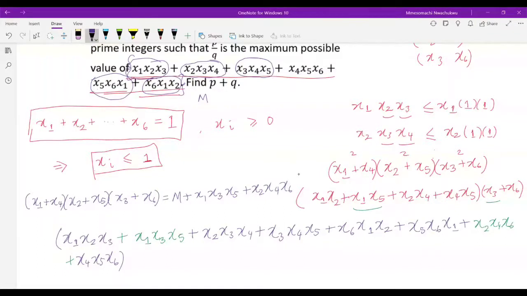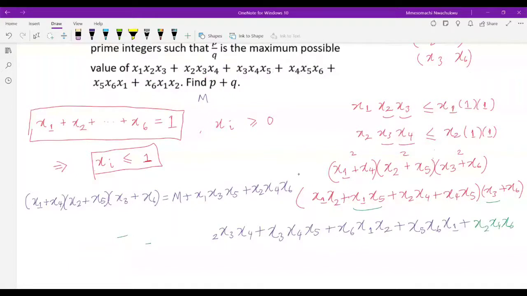So that's our hunch. Now we can erase all this, but don't forget what M is. This whole expression here, we say let it be M.